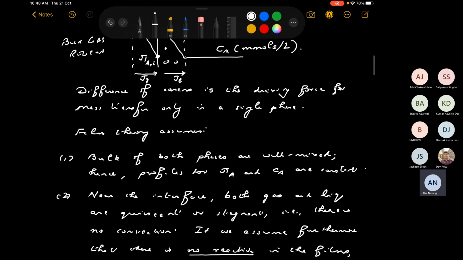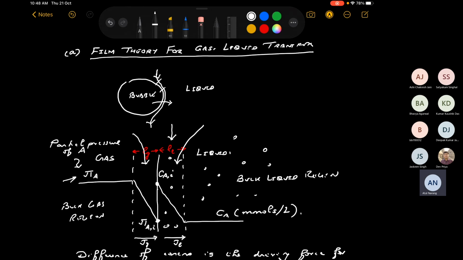Going back to this picture, I'll redraw it using green: you have a liquid film traversing over the bubble like this.